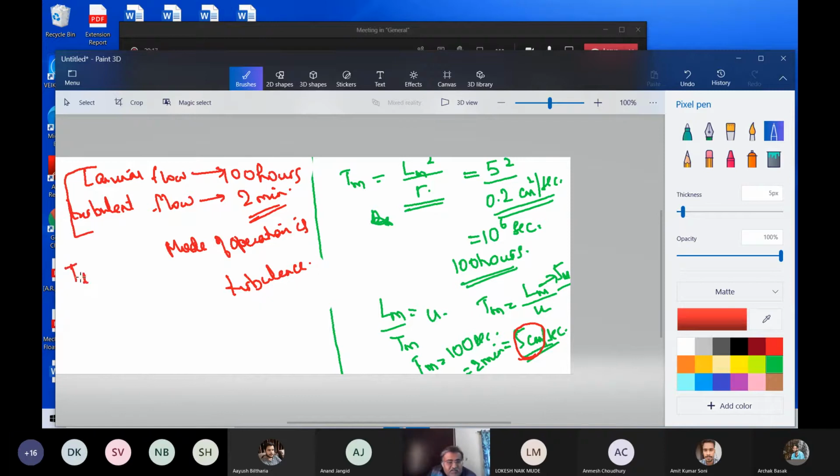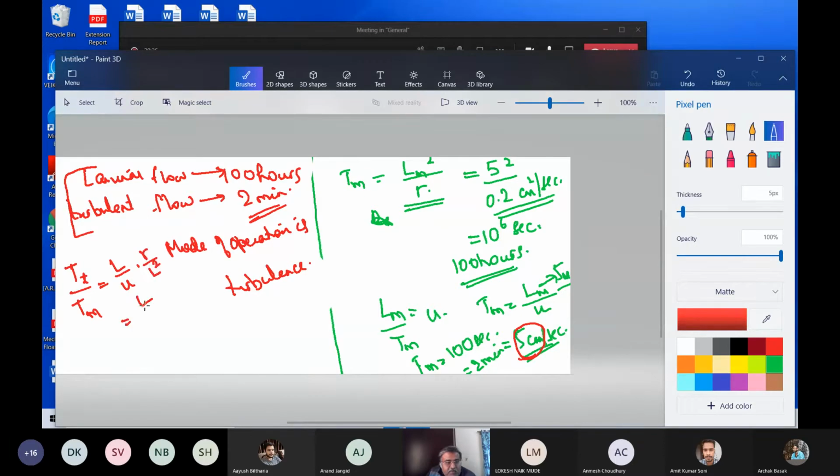For instance, in the previous case, let us assume that T is the time taken for mixing in the turbulent case divided by the time taken for mixing in the laminar case. It will become L by U divided by gamma by L squared.